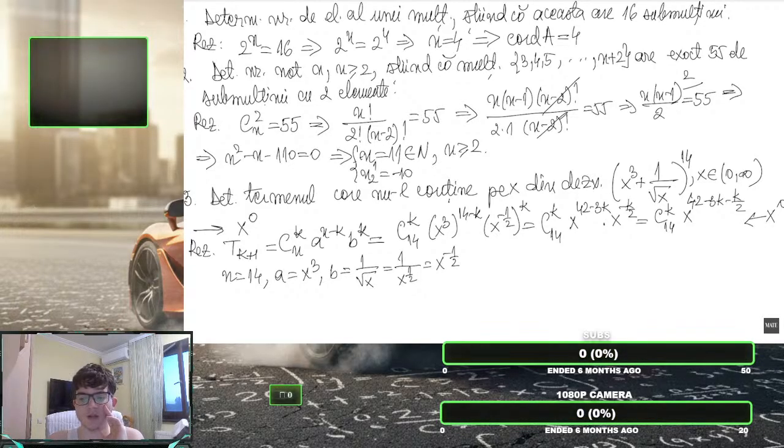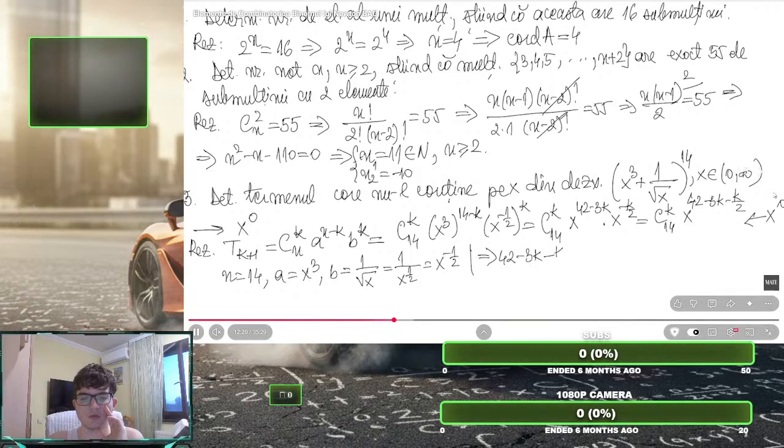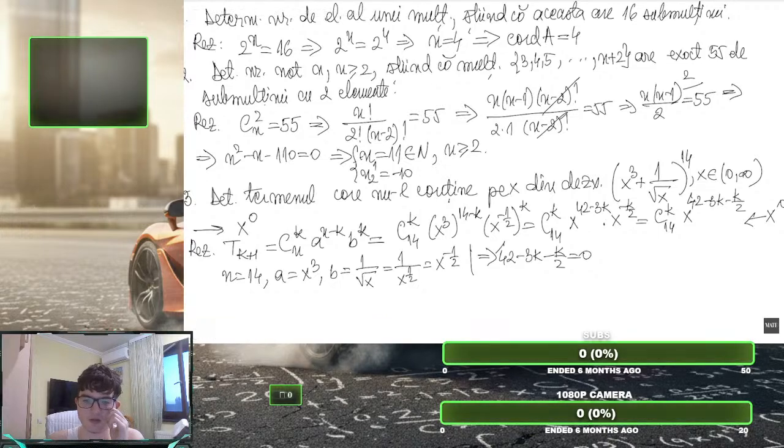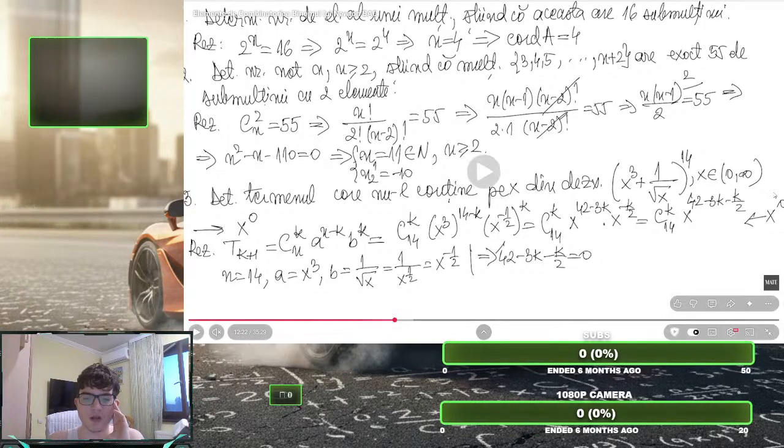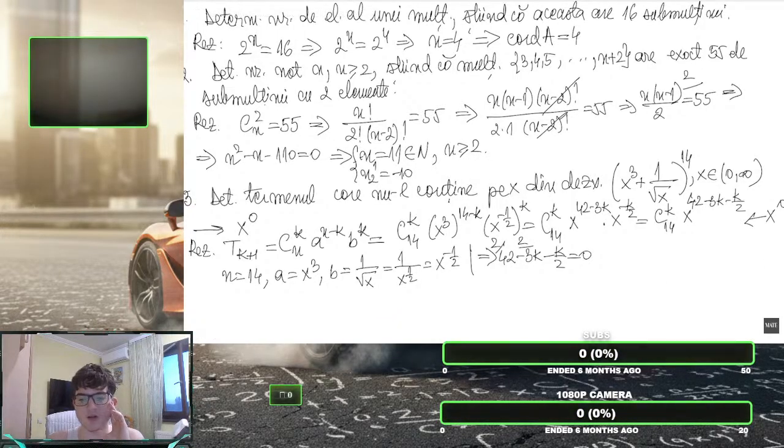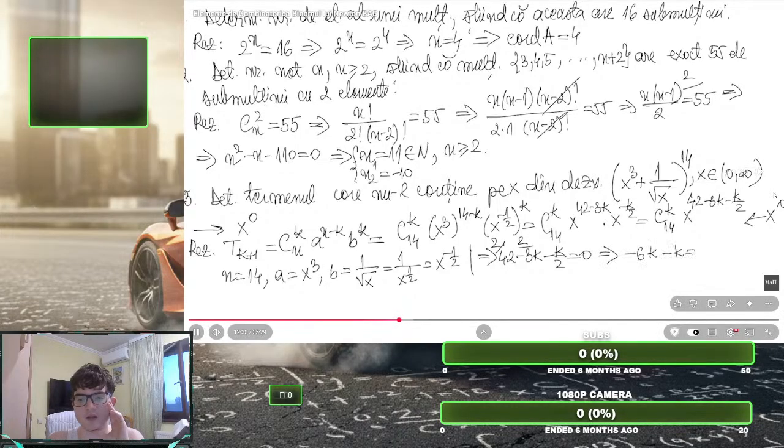Yeah, we do exactly that. Equalizing with 0. So we will have, essentially, everything times 2. So 84 right there, minus 6k minus k, so 84 minus 7k is going to be equal to 0. So we will have k is 12, right?